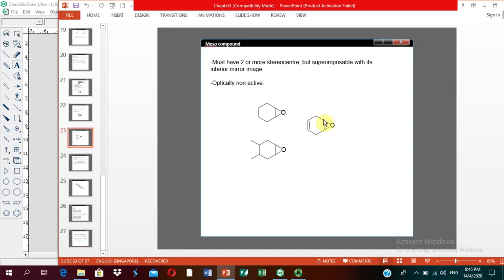This has two stereocenters, 1, 2, and then you draw or you put a line to act as a mirror here. Then you check, this is object, this is image, object, image. It can flip between up and down. Same goes to here. Okay, it's also considered as meso compound.